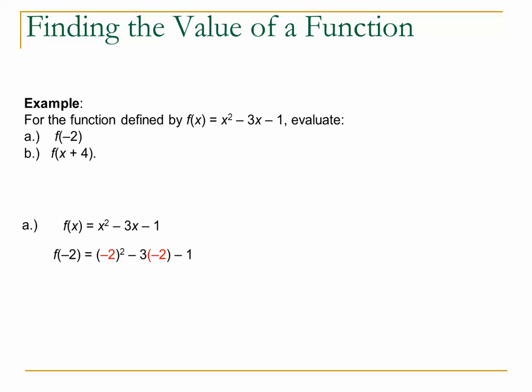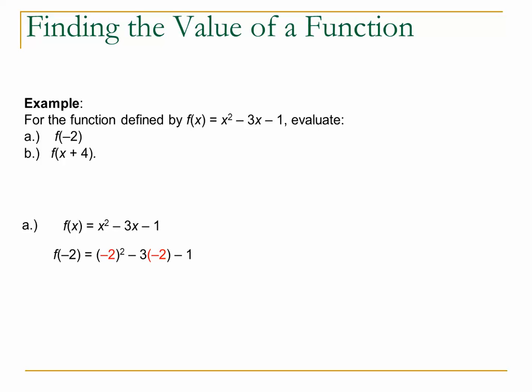I strongly recommend starting by replacing the x values with parentheses. That way, if we're plugging in a negative number like -2, there's no confusion as to whether that negative sign gets squared or not, because if it's placed inside the parentheses, it's very clearly getting squared. So start by replacing the x with parentheses first, then fill in those parentheses with the number, in this case, -2.